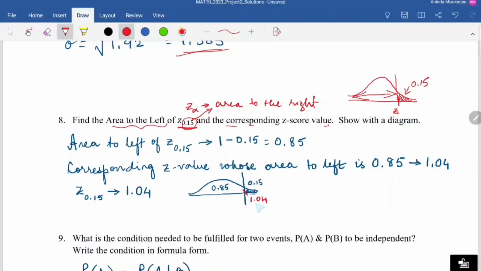Again, I have put together a video explaining how to find areas under the curve from the table. Please look up that video. So z of 0.15 is 1.04, and that's the z value. So area to the left is 0.85, and the corresponding z value is 1.04.